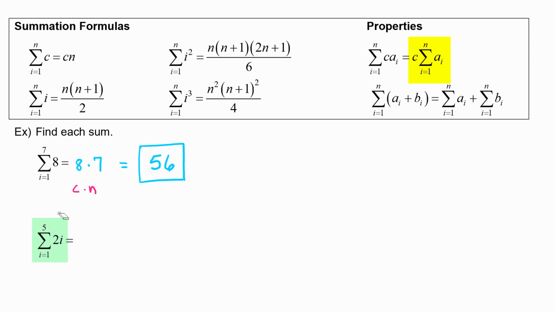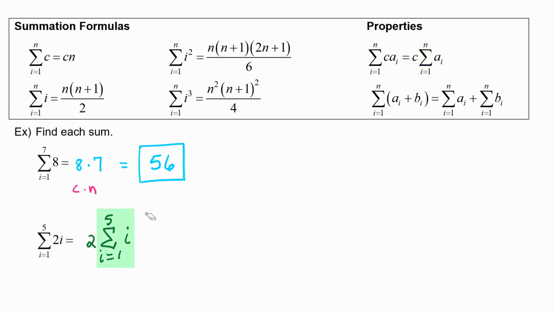So in this case, we can bring the 2 out front, and this becomes the summation i equals 1 to 5 of i.